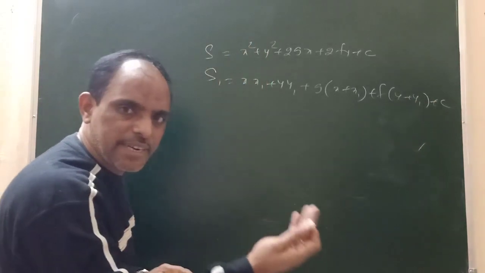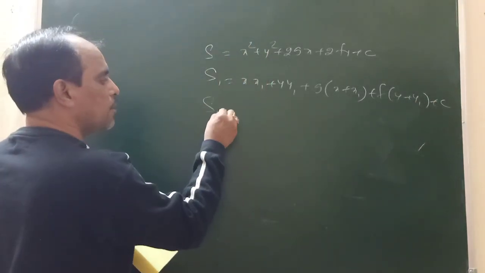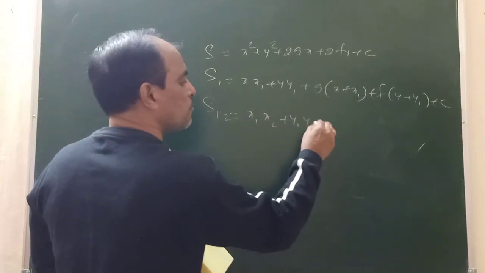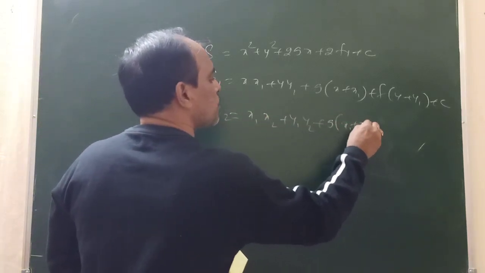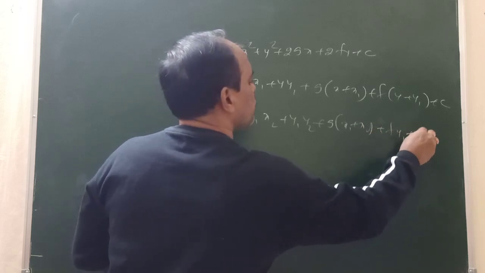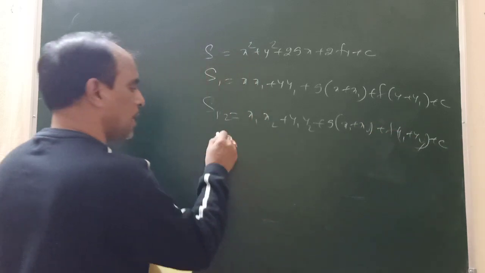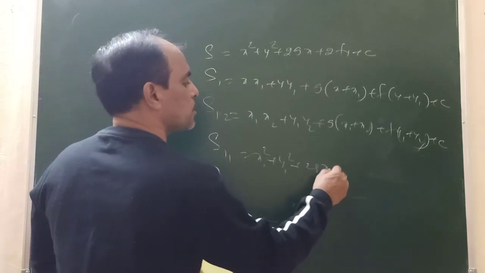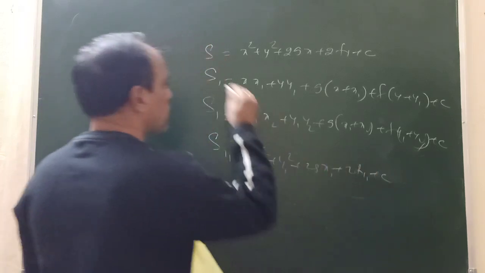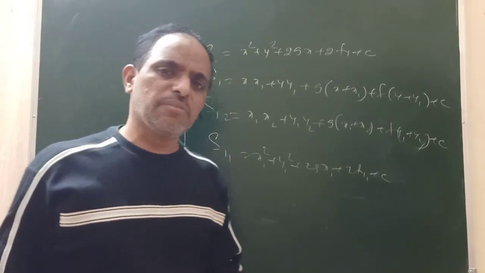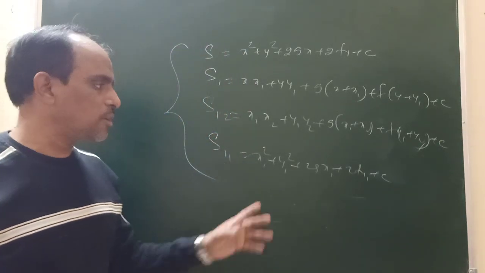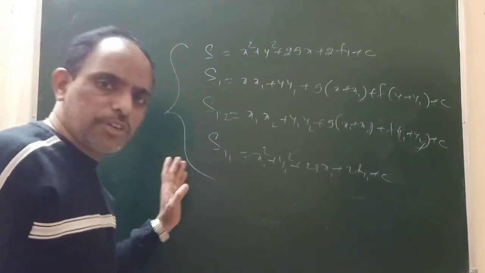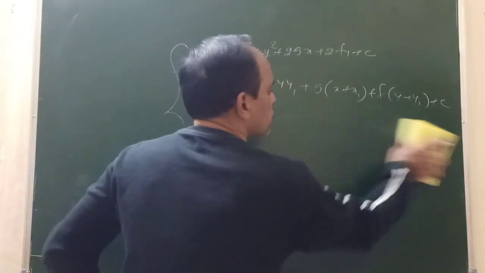In the same way, you can write S2 also, and I am going to write S12, which is nothing but x x1 x2 y y1 y2 g(x1 plus x2) plus f(y1 plus y2) plus c, and S11 means x1 square plus y1 square plus 2gx1 plus 2fy1 plus c. These are very, very important concepts. We have to remember them for the entire circles chapter. These are called notations, S1 and S11.